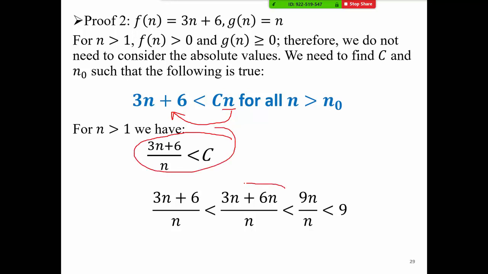Now again, you can say 3n plus 6n divided by n, which gives you 9n divided by n. This will give you 9, which is the constant that you are looking for here for c. So in these two slides, we prove that 3n plus 6 is a member, or an element, inside O of n.